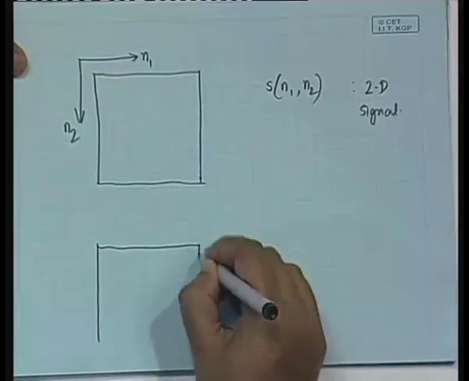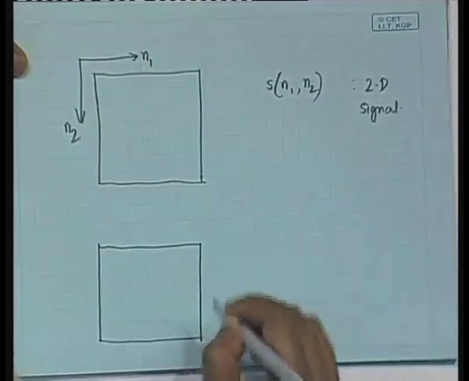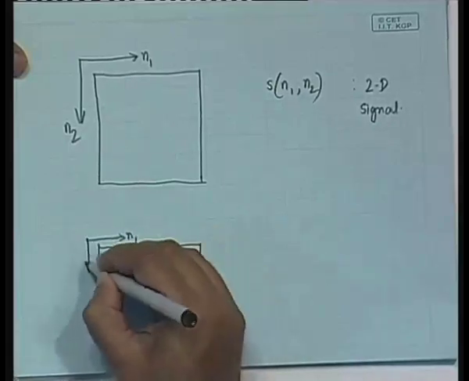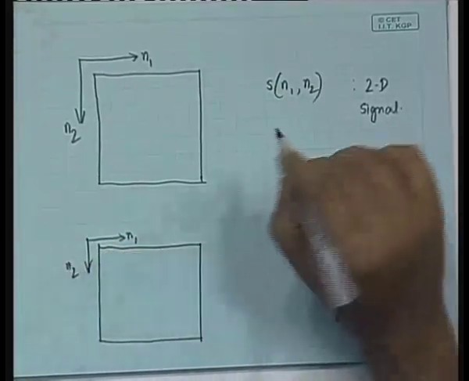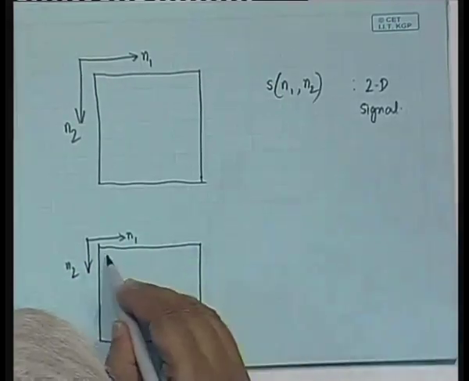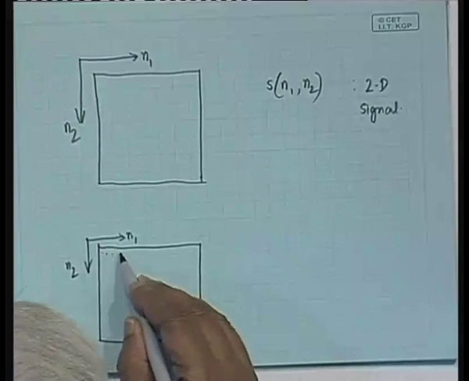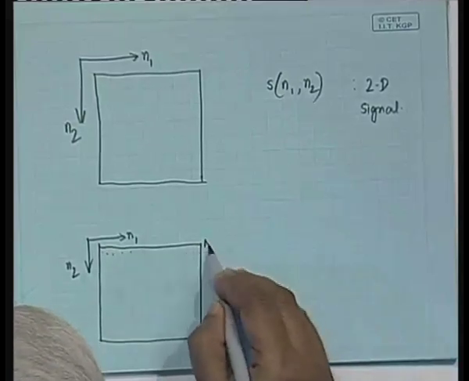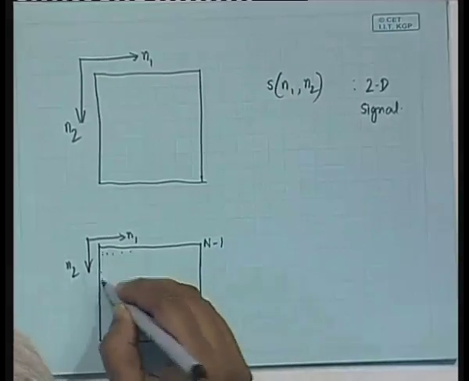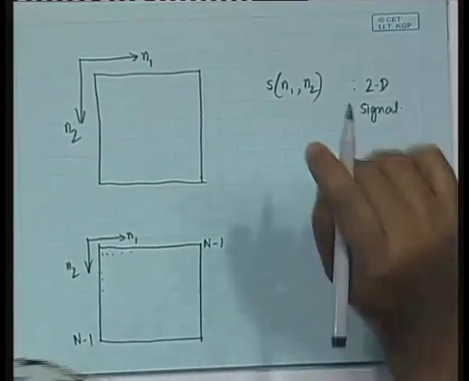There we have one frame. Individually in the frame we have variability in the n1 and n2 directions. It will be sampled with n1 equal to 0, 1, 2, 3, 4 up to capital N minus 1, and in the n2 direction also 0, 1, 2, 3, 4 up to capital N minus 1.